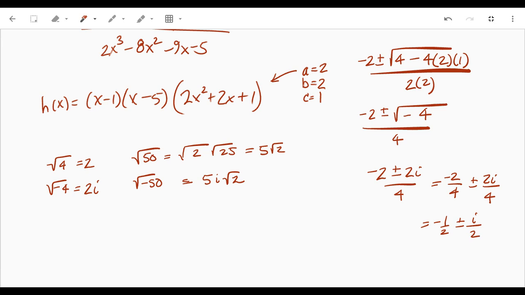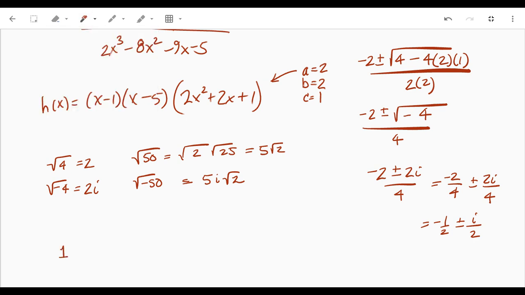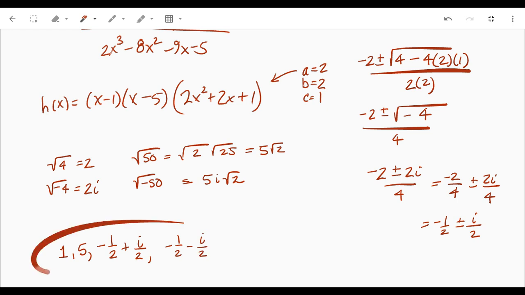We have the original ones that we came up with by testing. So we already have the 1 and the 5, and then now we have the negative 1/2 plus i over 2, and the negative 1/2 minus i over 2.